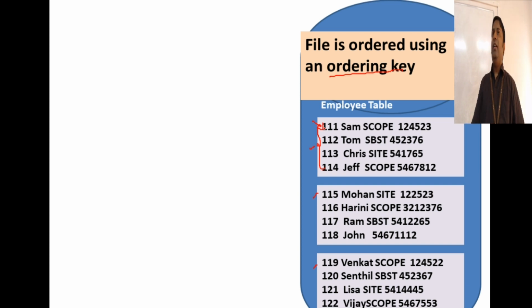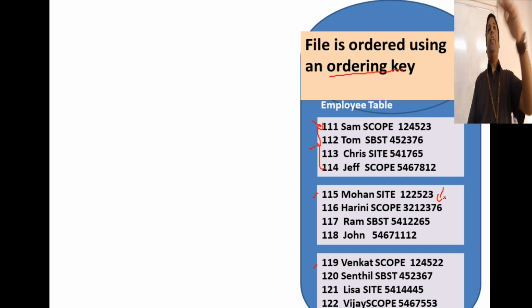And what are the problems in maintaining an organization like this? I told you one of the advantages. Is there any problem in maintaining an organization like this? Say if I want to insert a record, and that record should be inserted somewhere in between. Then you have to move all the records. There's a movement of records associated with maintenance of this kind of file.